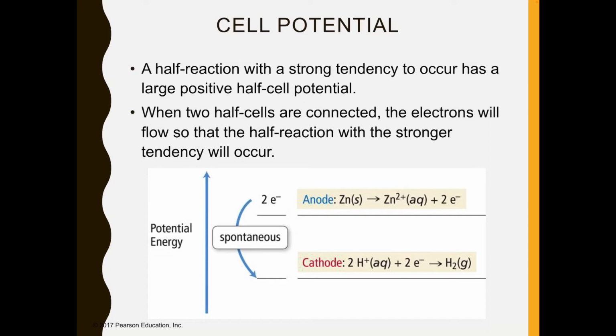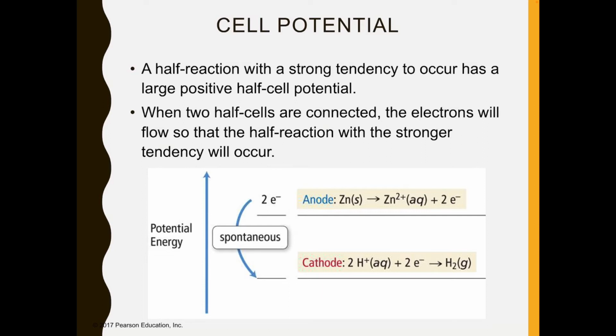Okay, and when the two half cells are connected, the electrons will flow so that the half reaction with a stronger tendency will occur. So here, if we had hydrogen and zinc, right, say we were dissolving our zinc in some acid is essentially what's happening. Our electrons are always going to flow from our zinc to our acid.